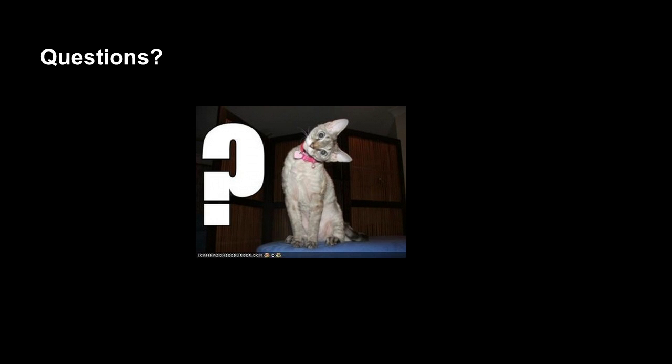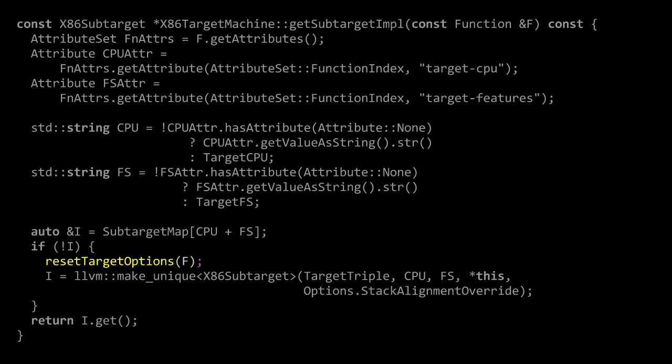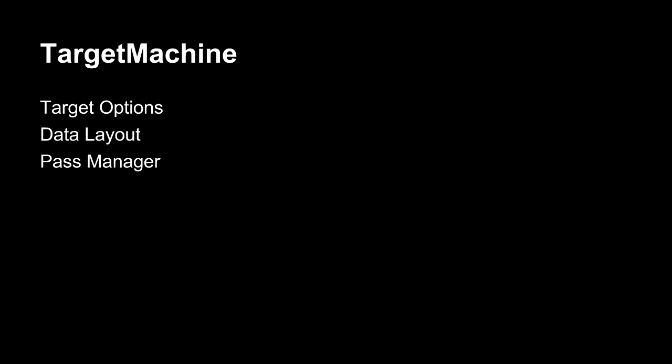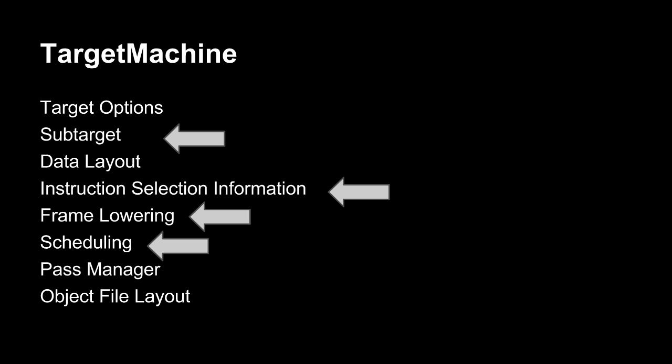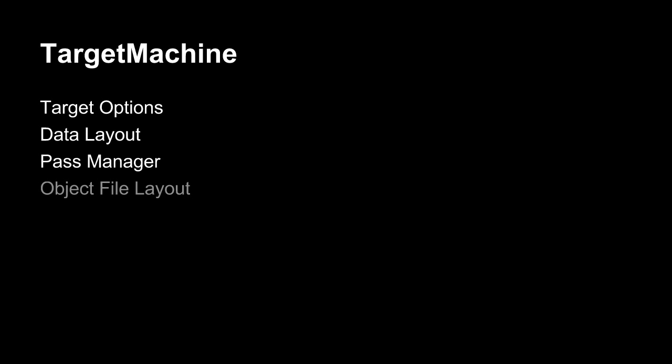So just going back to one of your earlier slides when you listed out the attributes that were still part of the target machine. Yep. So I fixed your target, by the way. Okay, so I guess my question is, I see there's data layout out there and there's pass manager on there.